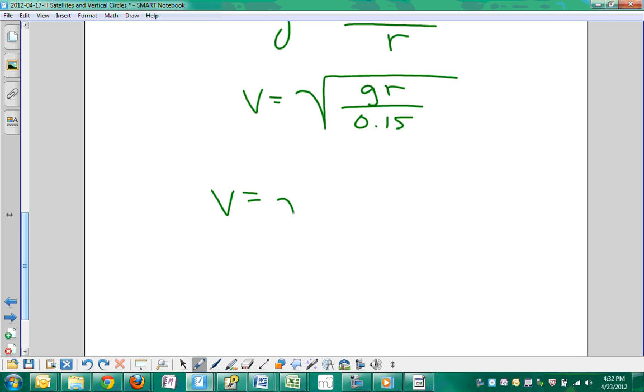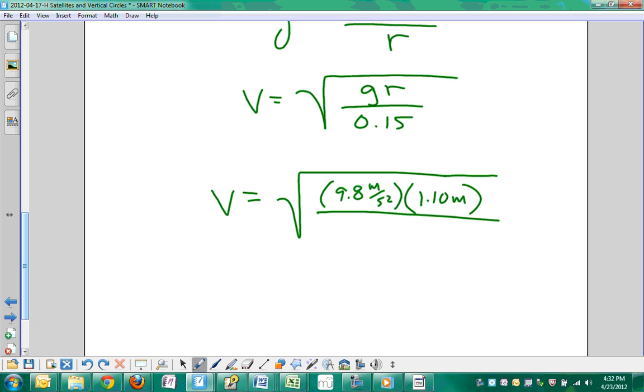So v is equal to the square root of 9.8 meters per second squared times 1.10 meters, given the precision they gave us, 3 sig figs, divided by 0.15. Quick dimensional check: meters squared per second squared. The square root is going to be meters per second, which is what we're looking for with a velocity.